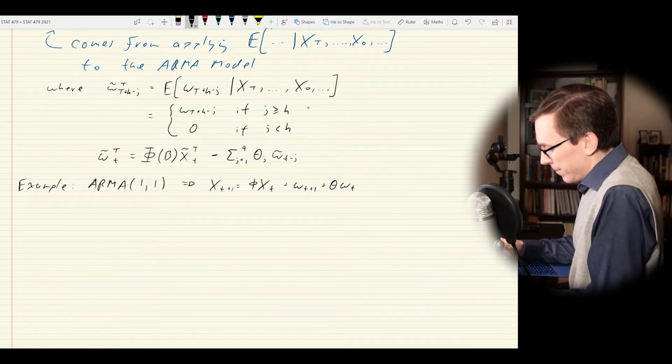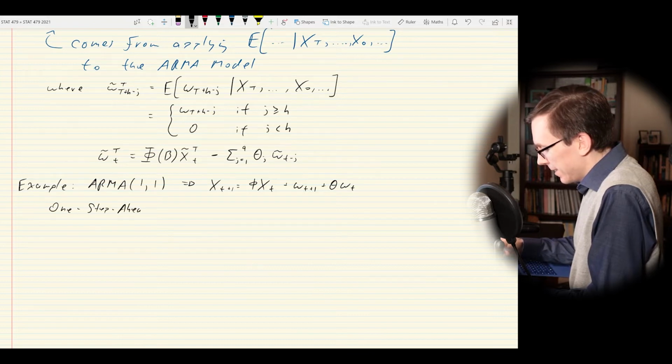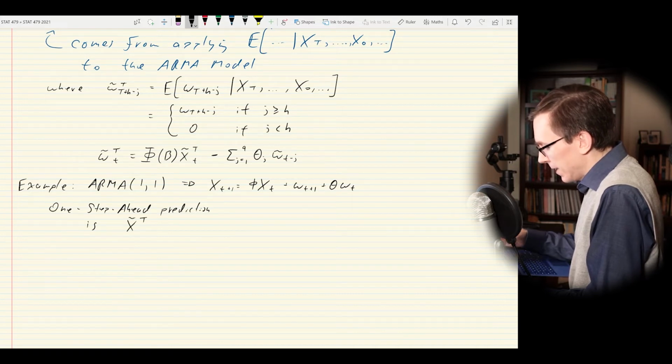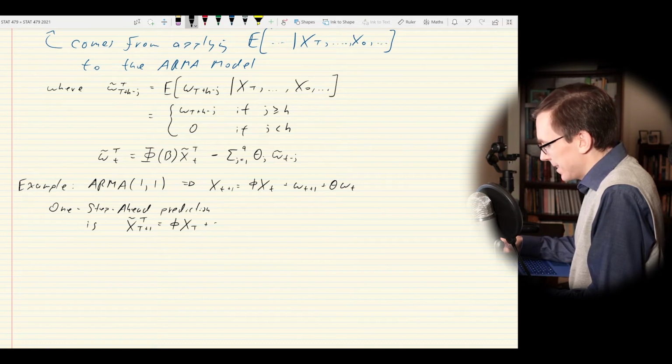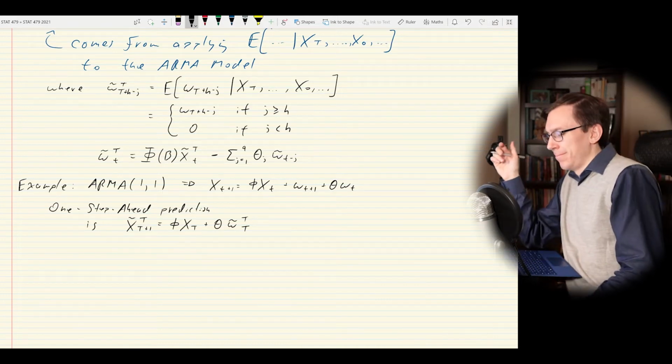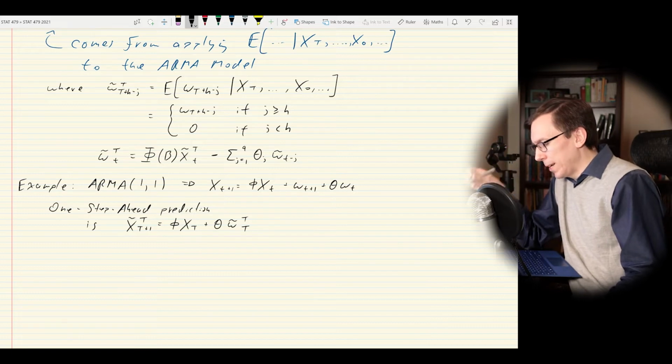The 1 step ahead prediction is x tilde_{T+1} is equal to phi x_T plus theta w tilde_T, because it's the T-th white noise piece.